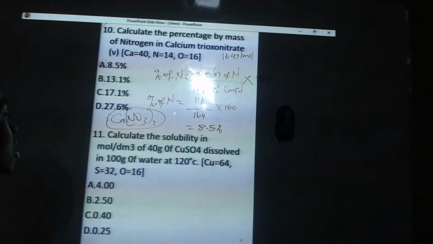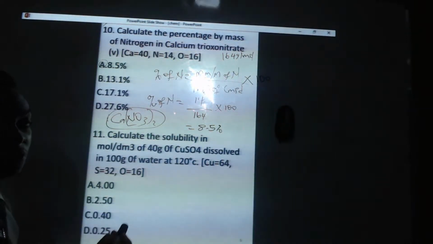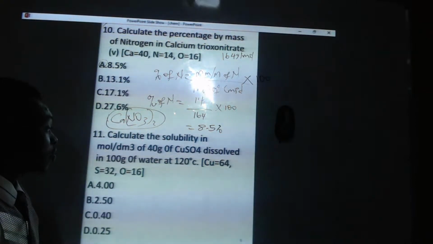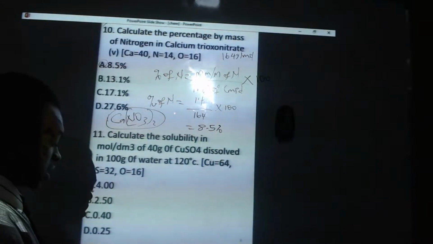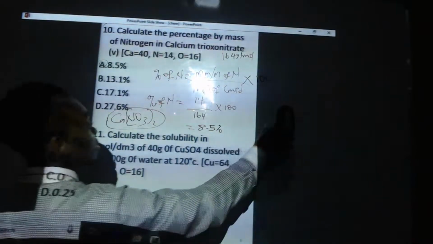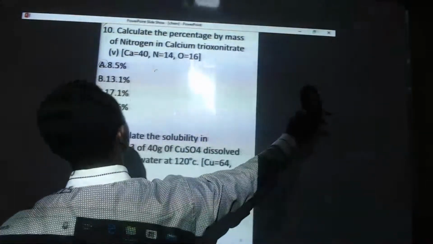Okay, they say calculate the solubility of copper sulfate in water at 120 degrees C. You've been given that your copper is 64, your sulfur is 32, and your oxygen is 16. Okay, this is very, very easy. We're given some terminologies that you will use once you are calculating anything.